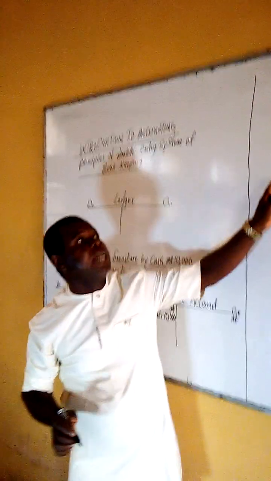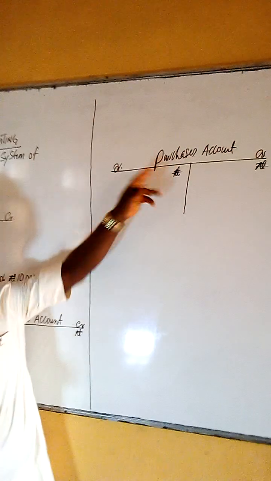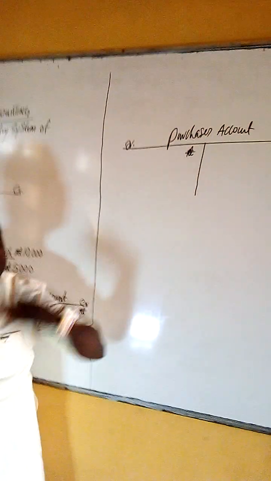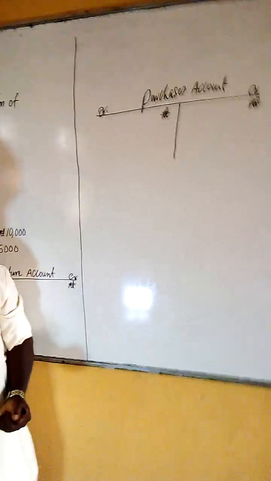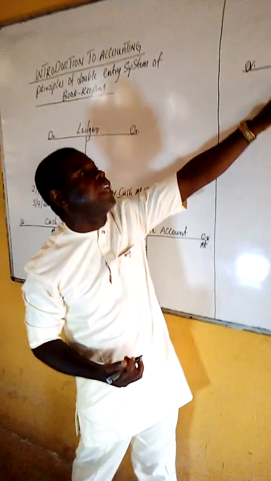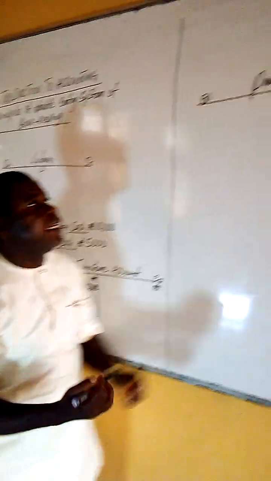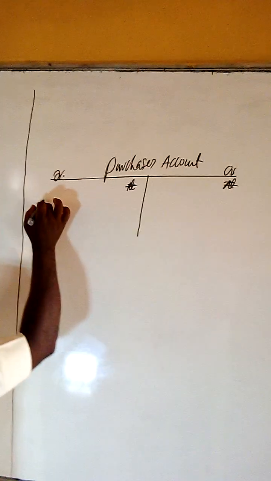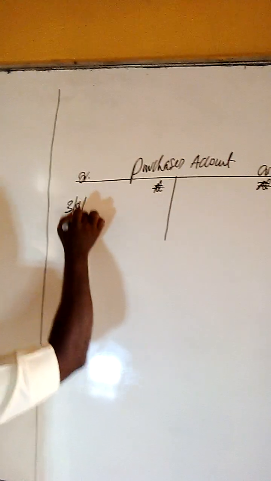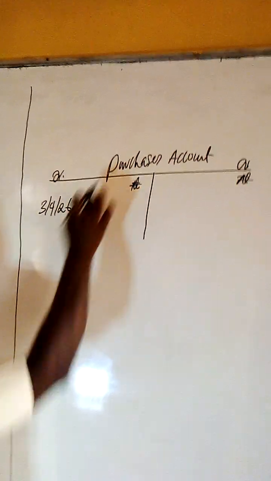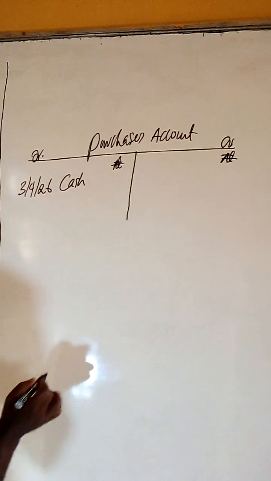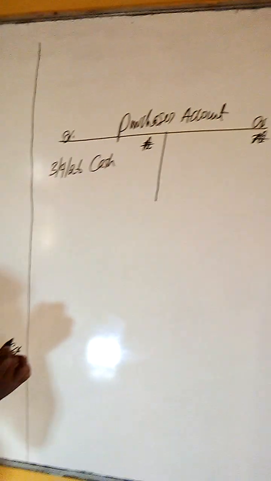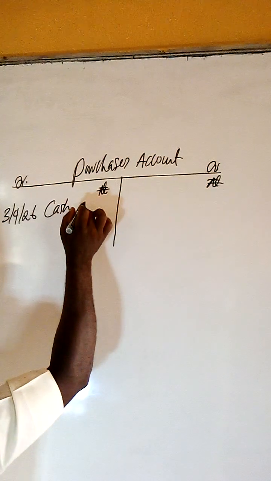They will now say that here, purchases account becomes the receiver account because as you give cash, you are able to receive goods, and goods become the receiver account, and then we qualify it using purchases account. Then in this case, we now say on this fateful day, which is 3rd of April 26, purchases, which is the receiver account, is receiving from cash that was given to get the goods. And how much is that? It is 5,000 naira.